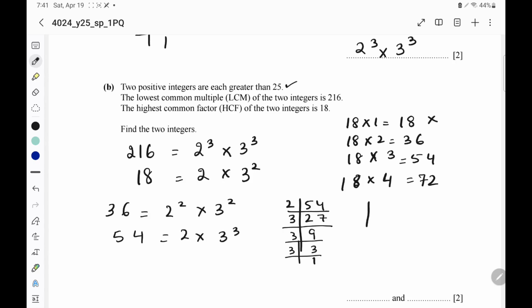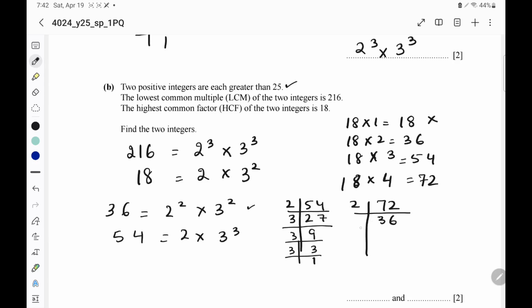The same thing we do for 72. We are going to find the prime factors and decide which are the two numbers. So 2 times 2 3s are 6 and 12, and that is the same number. Let's try more.